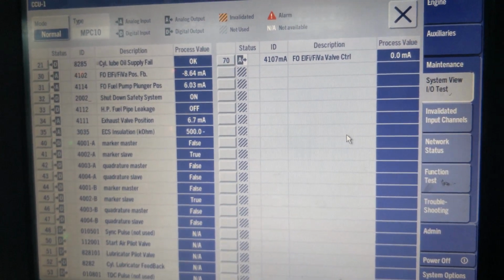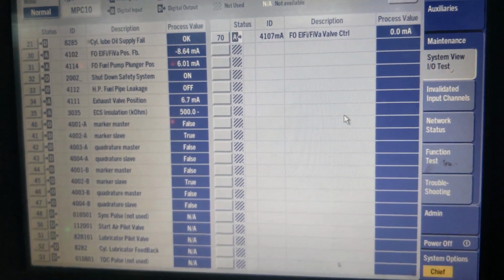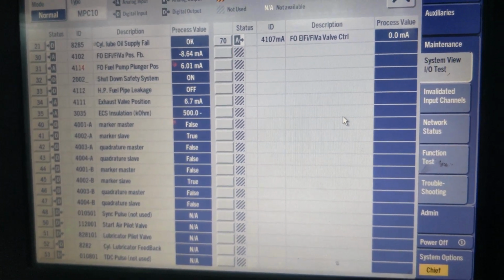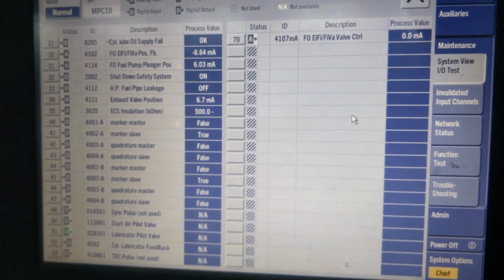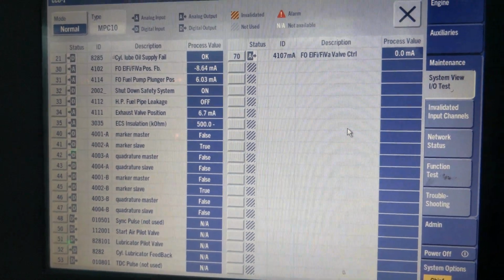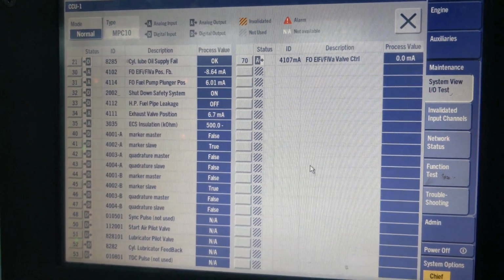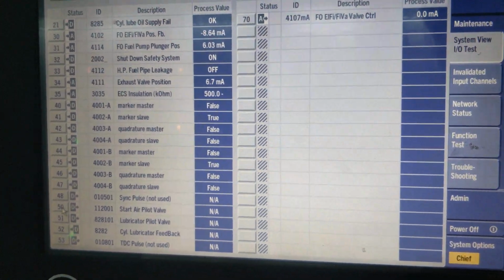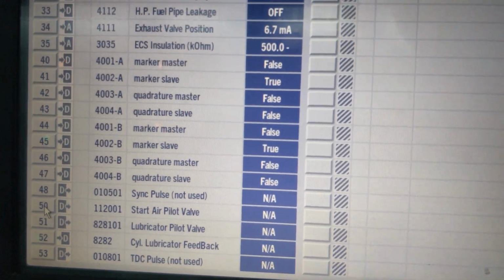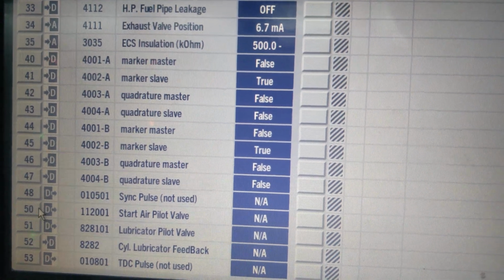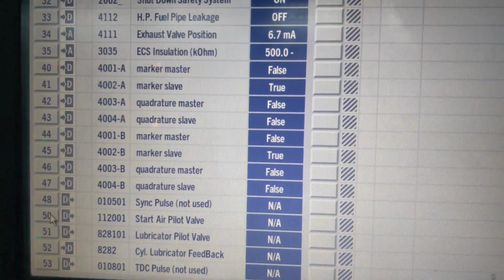for example CCU1, as you know very well, the angle encoder always gives the crank angle position, and through the ECU it goes to the CCU. And you can see here in channel 50 where the digital output from the MPC of the CCU is going.